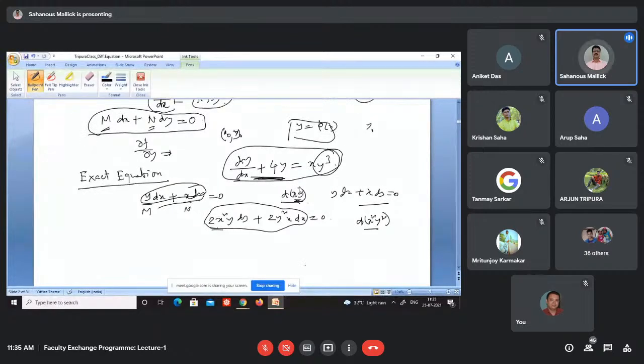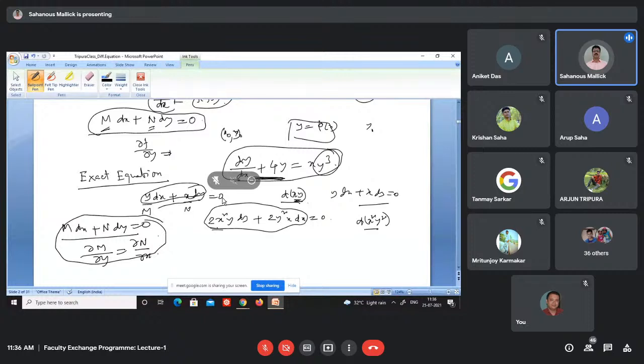The theorem is: a necessary and sufficient condition that the equation M dx plus N dy equal to 0 be exact is ∂M/∂y equal to ∂N/∂x. So by this theorem, we can check whether an equation is exact or not.